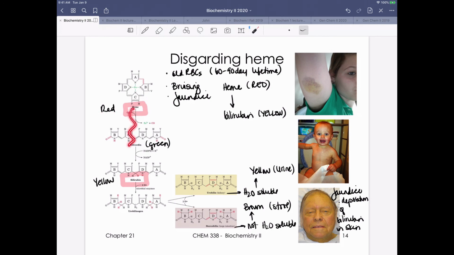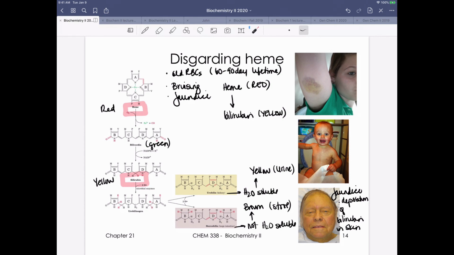Part of the degradation process generates a green product called biliverdin, which I don't need you to know, but I do want you to know the yellow product we make from heme degradation, called bilirubin. You may have heard of bilirubin because excess levels of bilirubin lead to what we call jaundice. Normally, bilirubin is excreted in both urine and feces, so your body can get rid of it, but this is a process that requires a well-functioning liver.